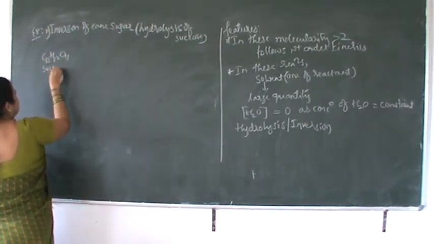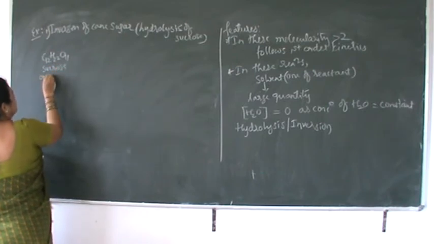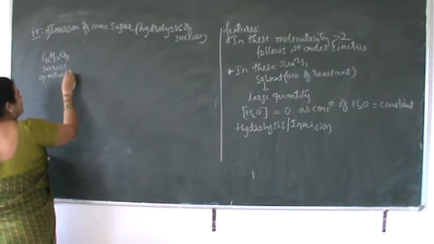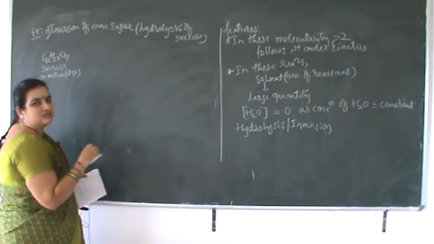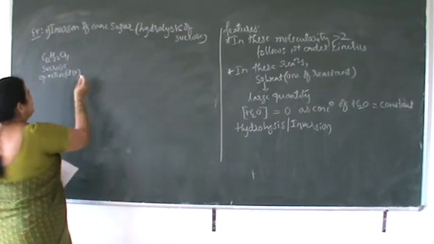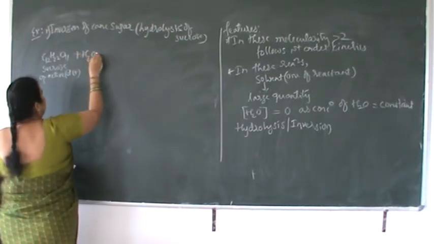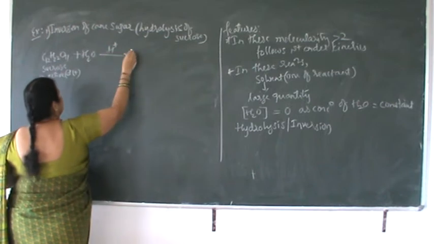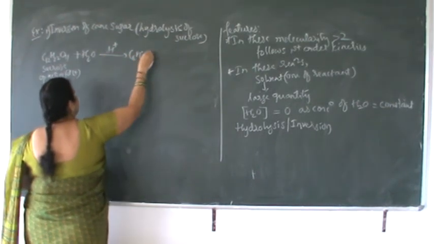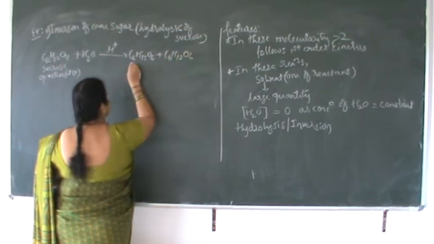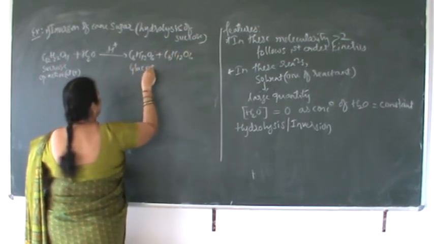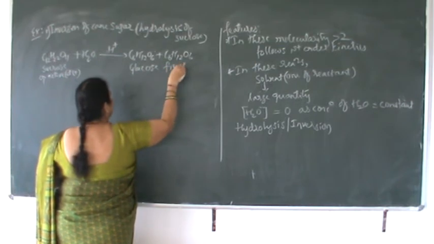This compound is sucrose and it is optically active, which means it shows plus rotation, or clockwise rotation, of plane polarized light, plus H2O in presence of H plus, giving rise to C6H12O6 plus C6H12O6. One molecule is glucose, another molecule is fructose.